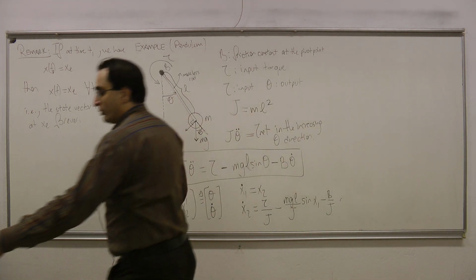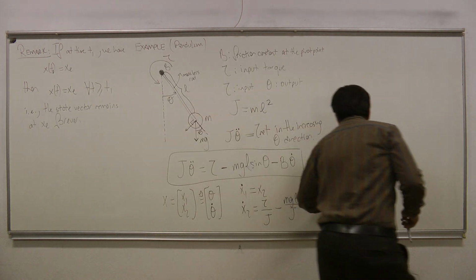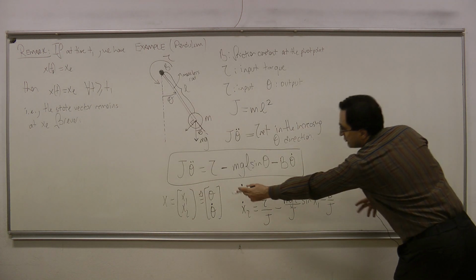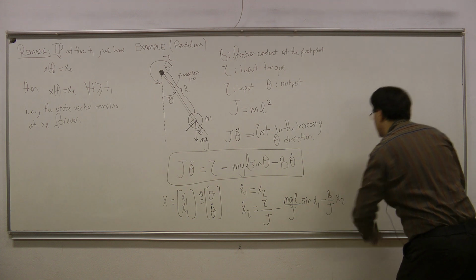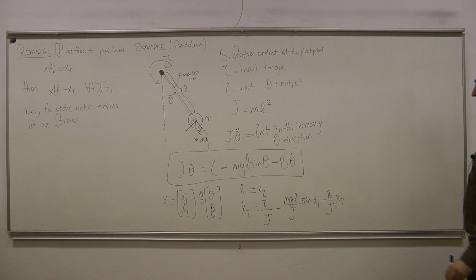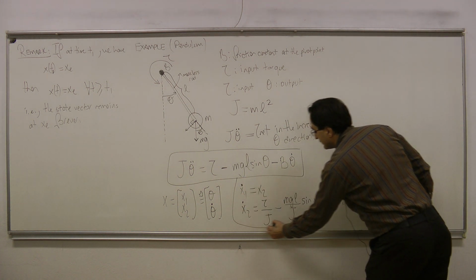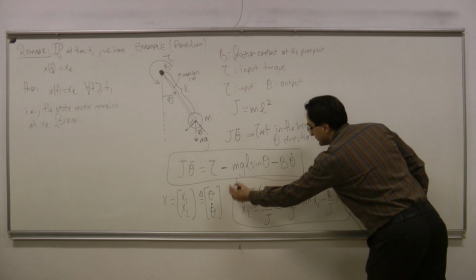And I would have, of course, theta dot. And we know that theta dot is nothing but x2, the second state variable. So I have my state space representation given like this. So this is the state space representation.